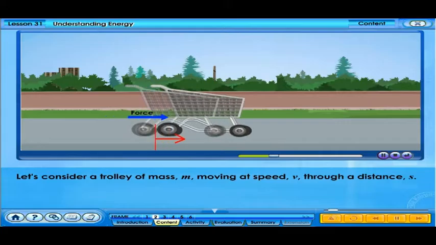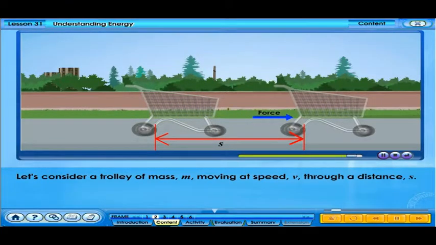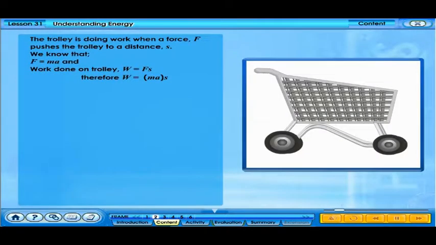Let's consider a trolley of mass m moving at speed v through a distance s. We know that work done on the trolley is force times distance. Substituting force in the expression of work done, work is equal to mass times acceleration times distance s.